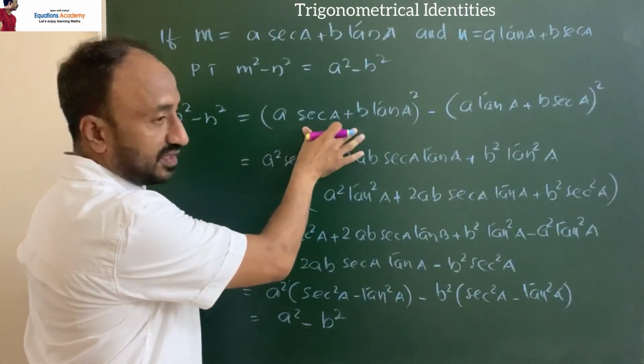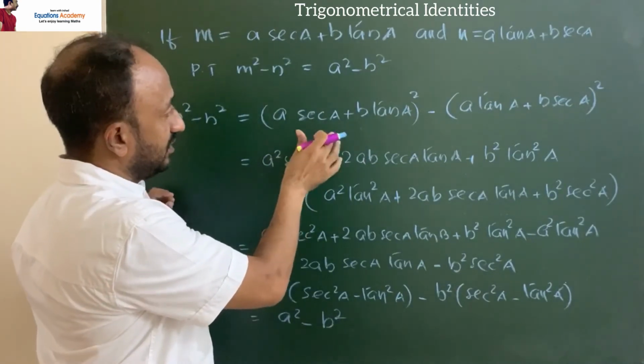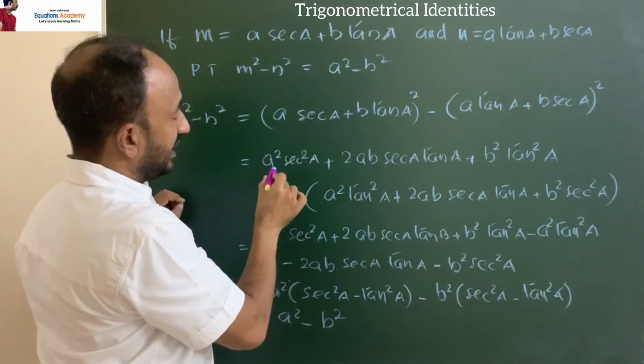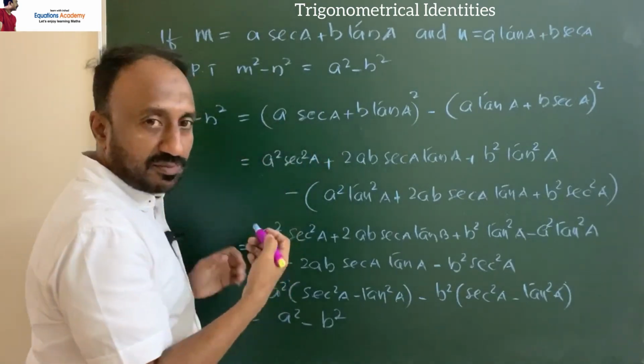Again we will expand this using a plus b whole square, a square plus 2ab plus b square.